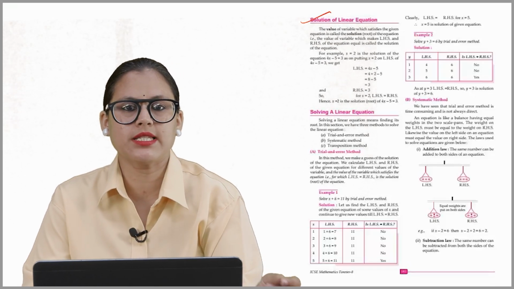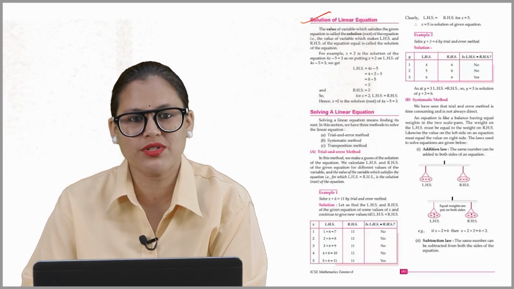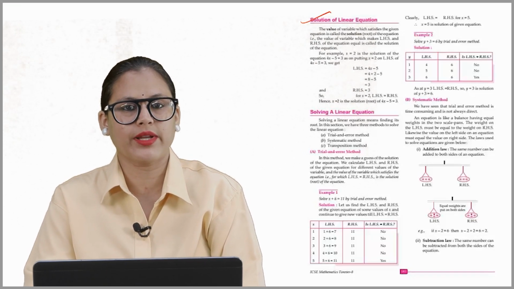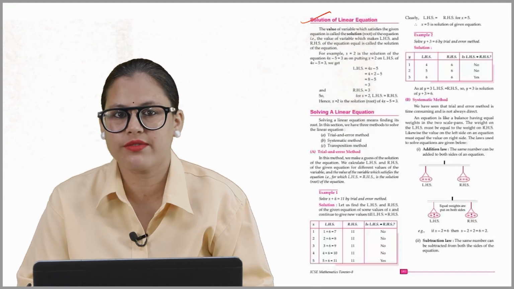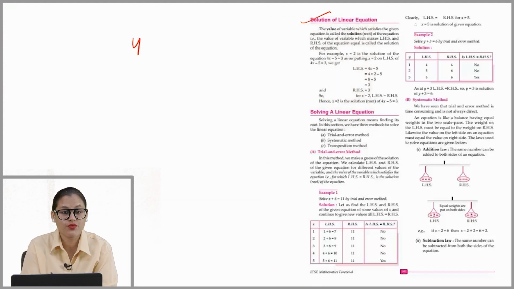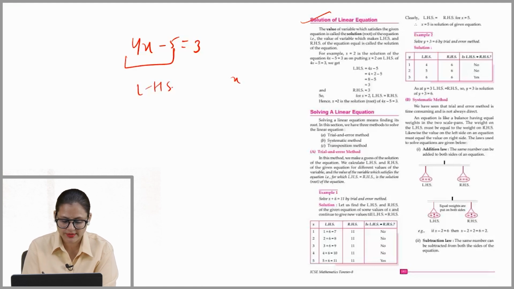For example, x is equal to 2 is the solution of the equation 4x minus 5 is equal to 3, as on putting x equal to 2 on the LHS of 4x minus 5 is equal to 3, we get: so here we have the equation 4x minus 5 is equal to 3, and the value of x is 2. So this is the LHS, so we will put the value of x as 2.